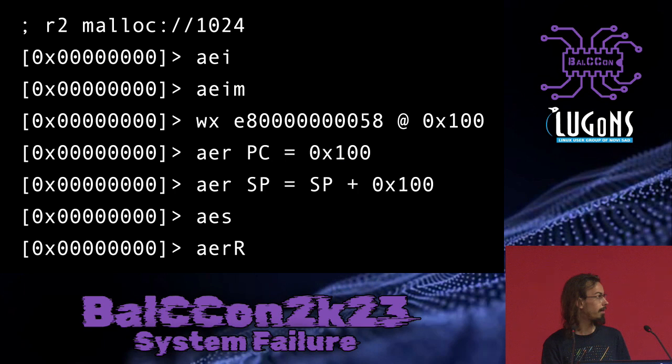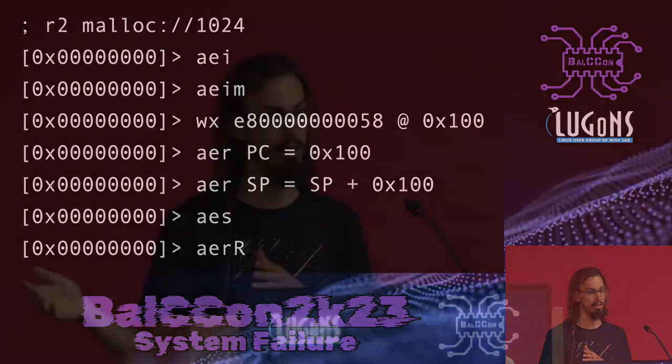So the first command we've got here is AEI, which is the command you can use in order to initialize the VM. The second one is for initializing the stack afterwards. Then we've got WX, which writes the hex bytes which are coming, at a specific address. What this is doing is literally taking our small bot, which we built, and writing it into the memory.